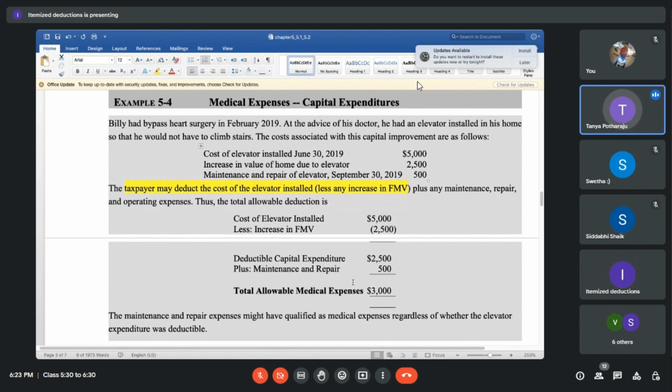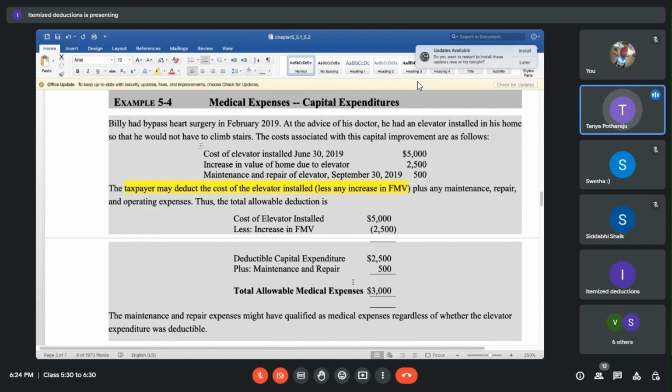The taxpayer may deduct the cost of the elevator installed less any increase in FMV value plus any maintenance, repair, and operating expenses. Thus, the allowable deduction is the cost of installation, $5,000, less the increase in FMV of $2,500, and the deductible capital expenditure is actually $2,500 because that is the difference between the cost and the increase in FMV.